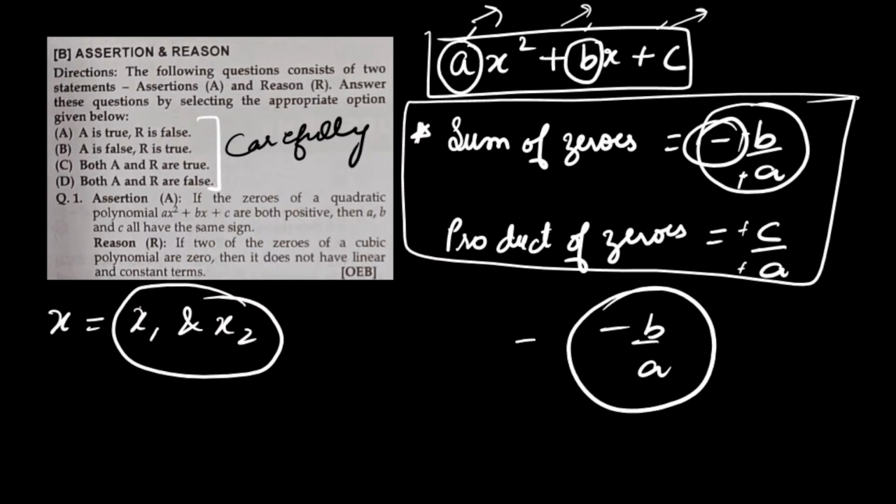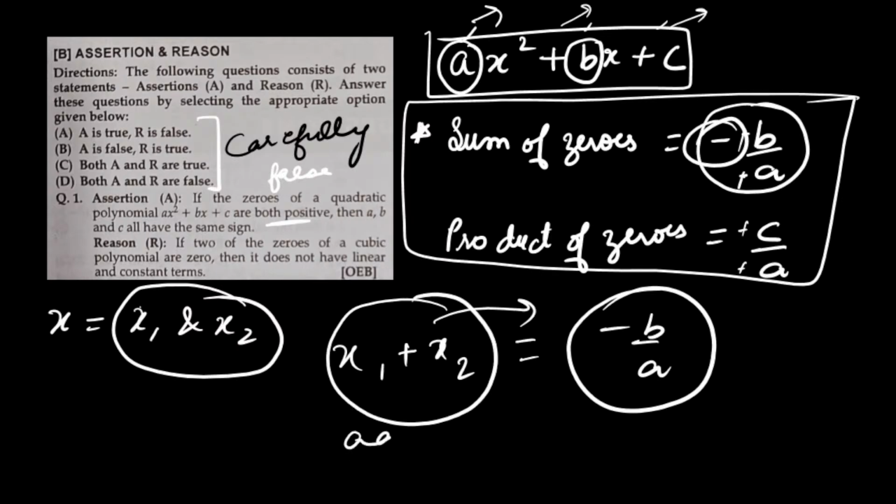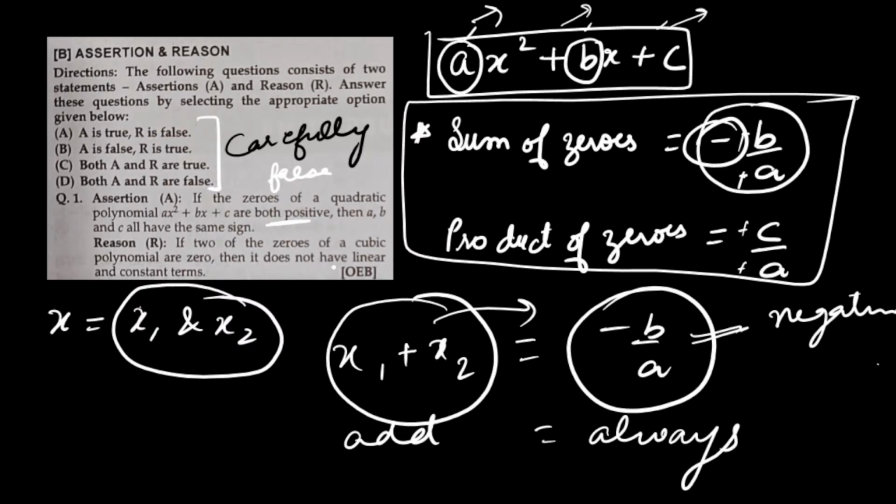If the sum is negative, do you think positive numbers will give us a negative answer? Positive numbers will not be able to give us a negative answer. That means zeros will not be positive when all three signs are the same. So that's why the assertion is false, because when you add positive numbers, the answer will always be positive. Here the answer is negative, so this option is false.